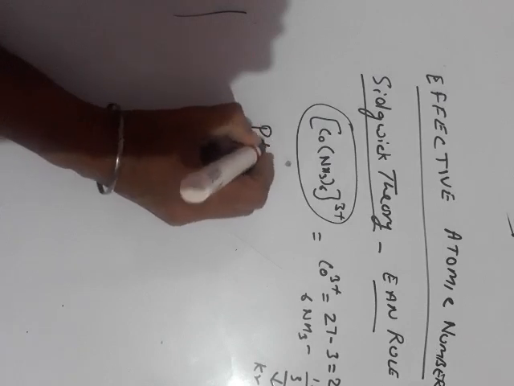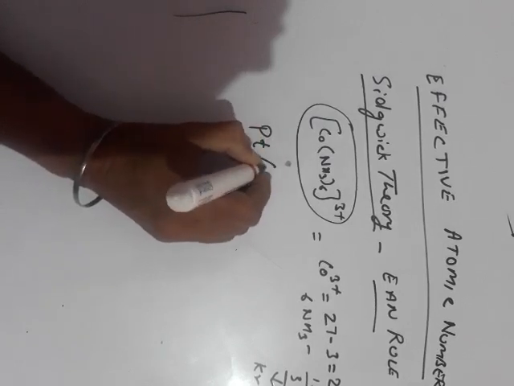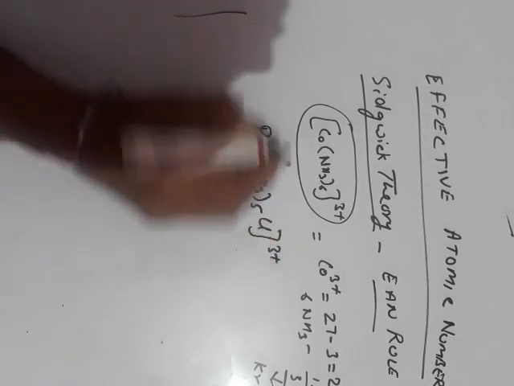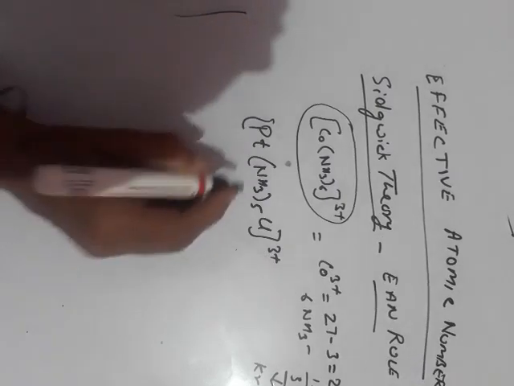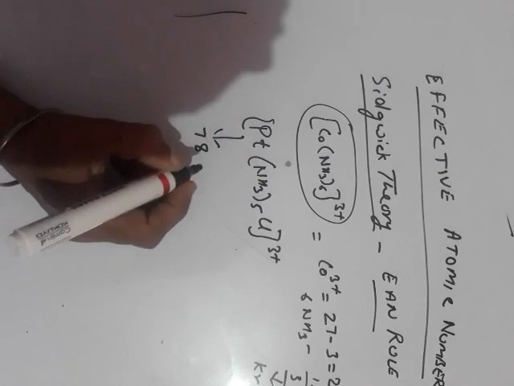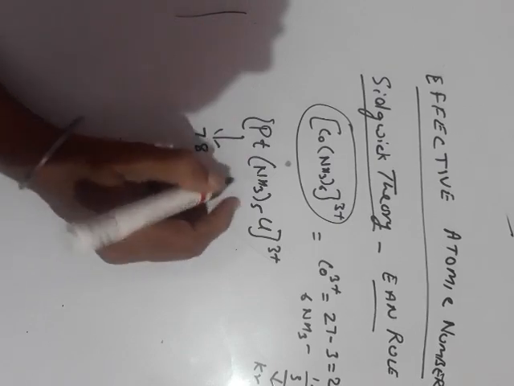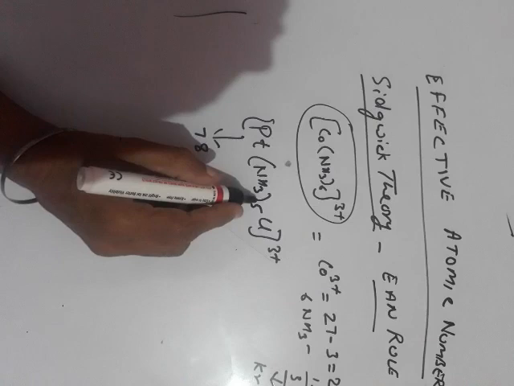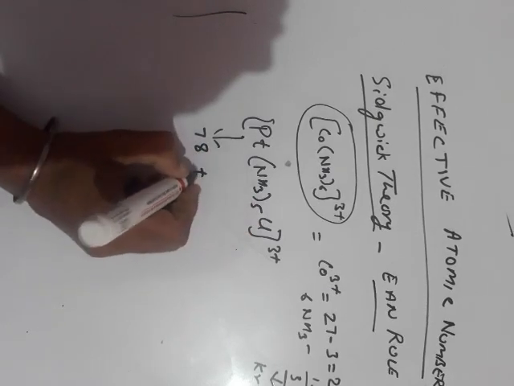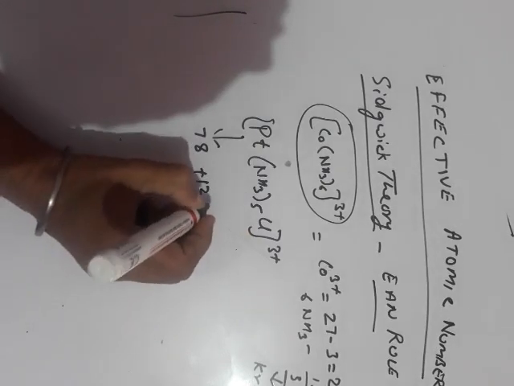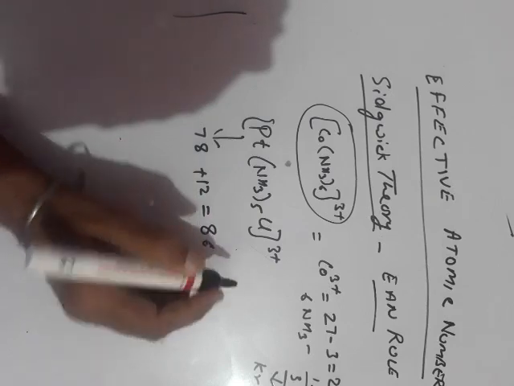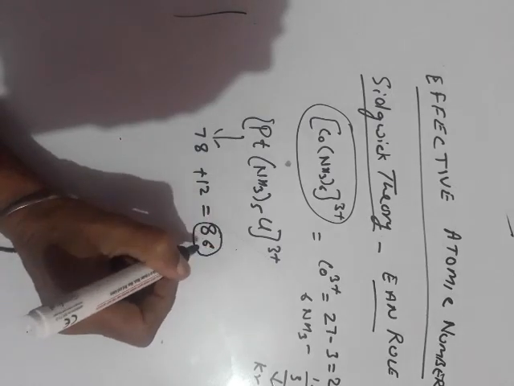The next example is [Pt(NH3)5Cl]3+. Here we know platinum has atomic number 78, and 5 plus 1 is 6, 6 into 2 is 12. This gives 86, which is the configuration of radon, the atomic number of radon.